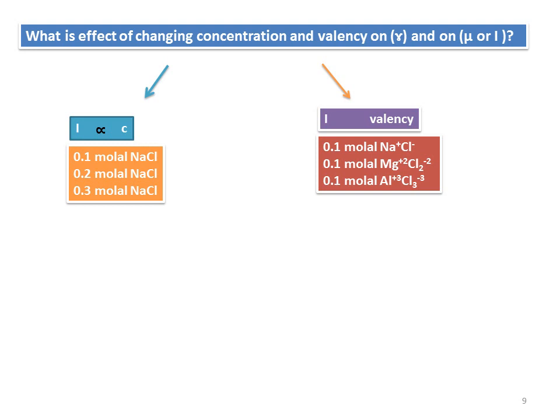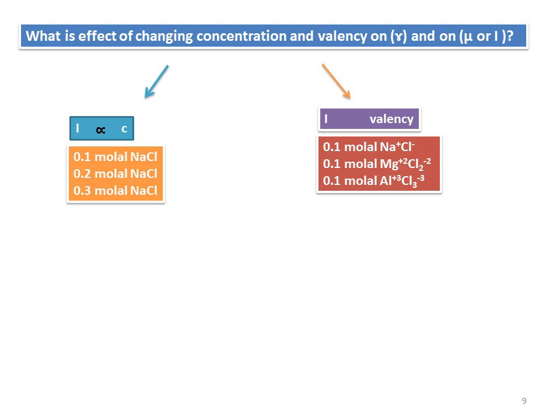So if we have 0.1 molar NaCl, 0.2 molar NaCl and 0.3 molar NaCl, then their ionic strength will increase going down. Ionic strength is also directly related to valency. Some salts are univalent such as NaCl.